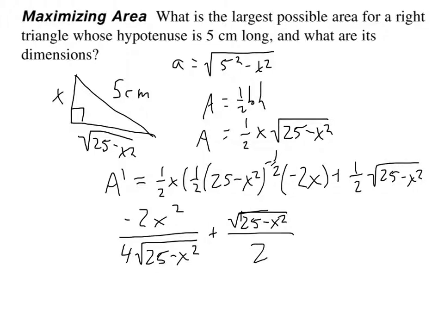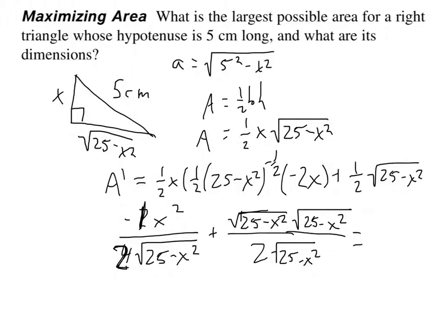I can reduce this fraction over here to be a 1/2. Okay, so then I need a common denominator, so I need to multiply the one on the right here by the square root of 25 minus x squared over the square root of 25 minus x squared.